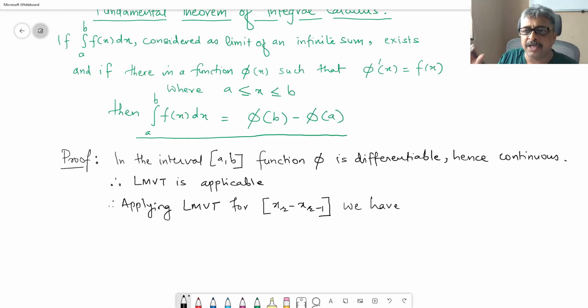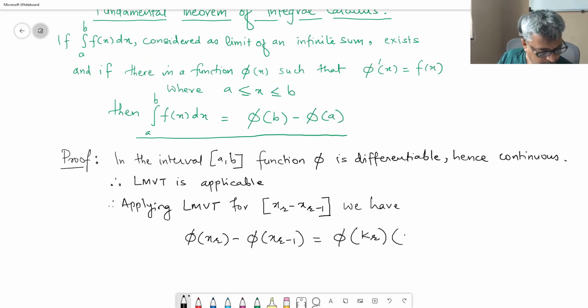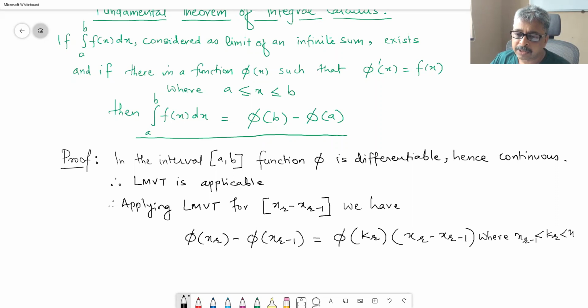Okay, so any sub interval you take, you can apply LMVT, and LMVT will tell you that phi of x r minus phi of x r minus 1 is going to be equal to phi dash evaluated at some k r into x r minus x r minus 1, where x r minus 1 is less than k r is less than x r.